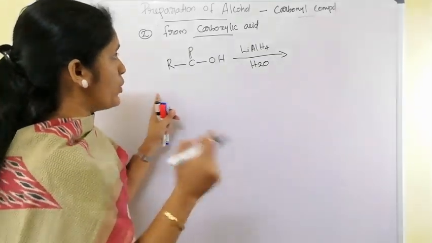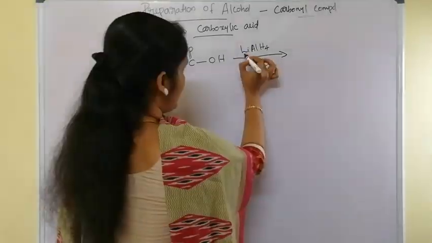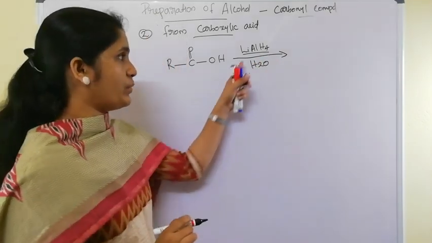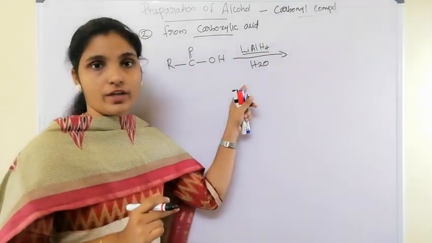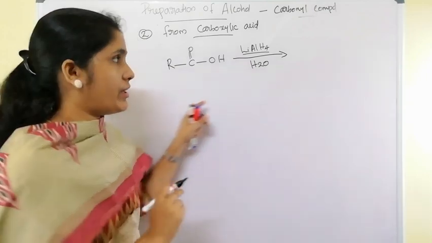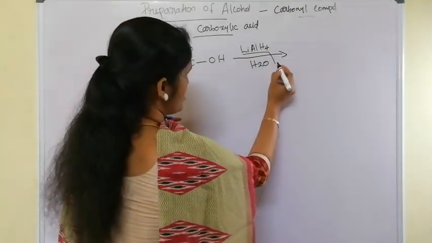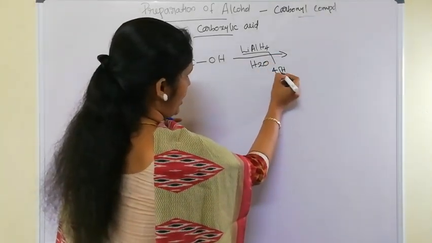Okay, let's see what happens here. We have already studied the mechanism of breakdown, how LiAlH4 breaks down. So lithium aluminum hydride can produce a maximum of 4 hydrogen atoms, right?